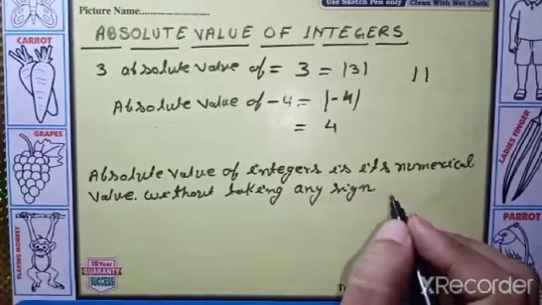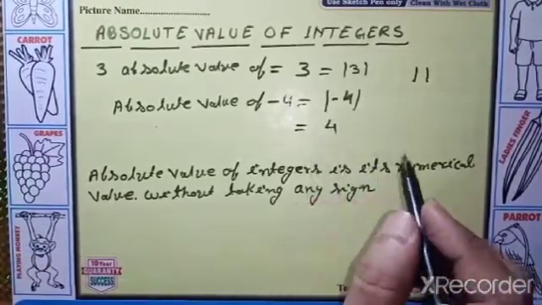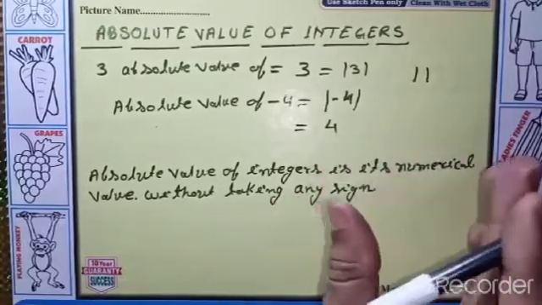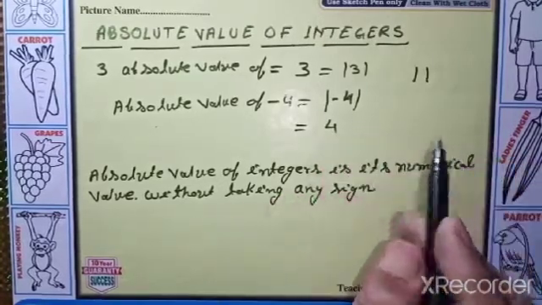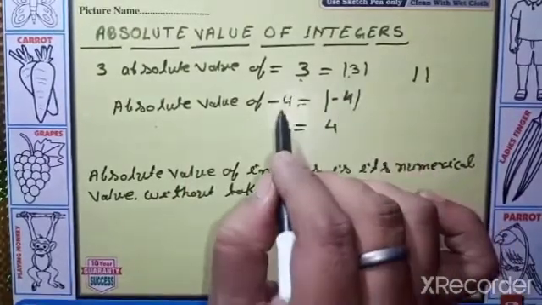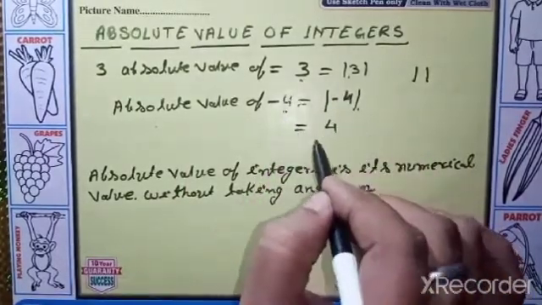In absolute value, we don't take a sign, plus or minus. Absolute value is only the numerical value. For example, absolute value of 3 is 3. Absolute value of -4 is 4.